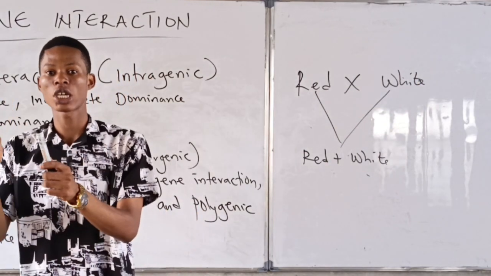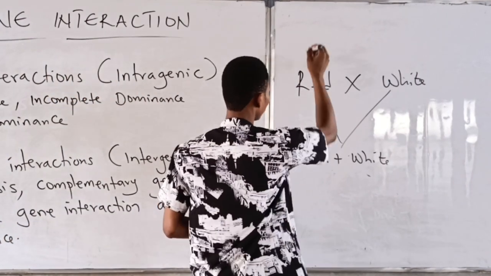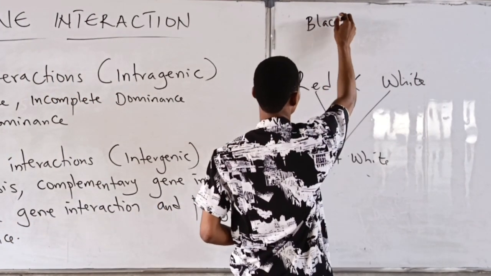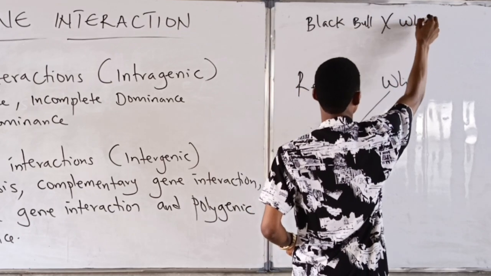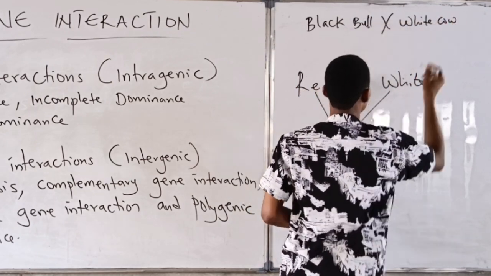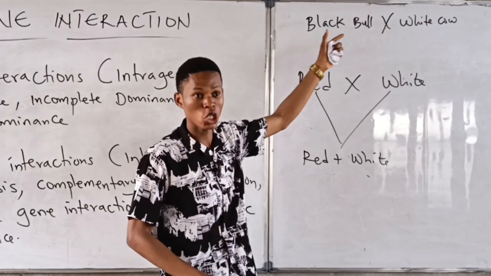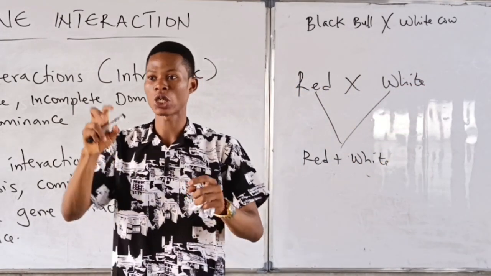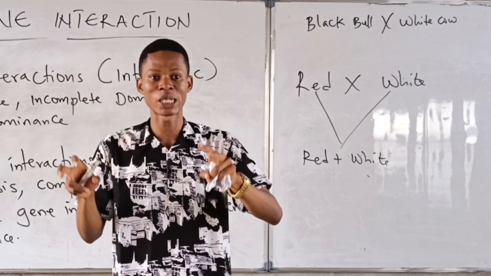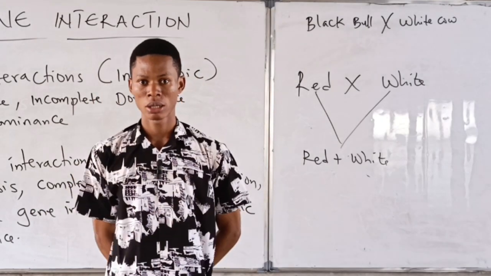Now, if you cross a black bull with a white cow, this one is pure black and this one is pure white, and the offspring has black and white patches. Which one is dominating?